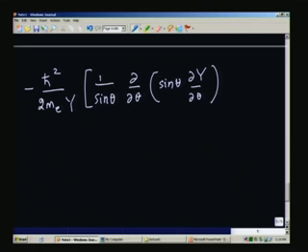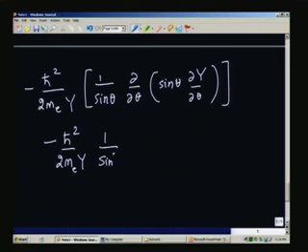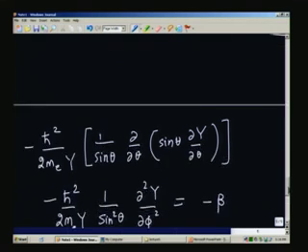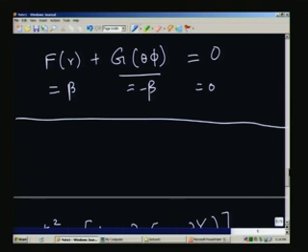Okay. This is the first term of the theta phi equation, and then you have minus h bar square by 2me times y 1 by sin square theta dou square y by dou phi square is equal to minus beta. That is what we set this equal to. A function of theta phi is equal to minus beta.